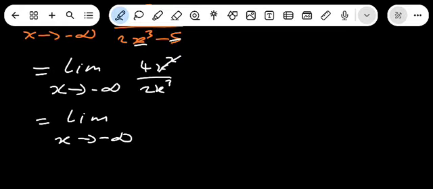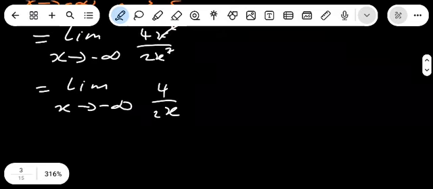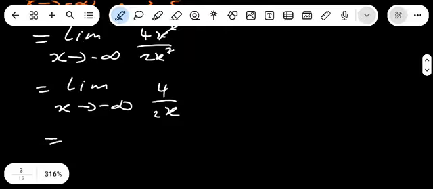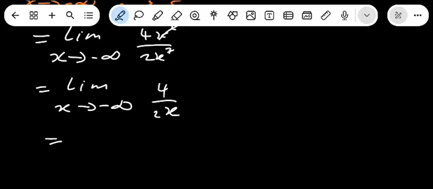We'll cancel x squared with the one there, and we're left with 4 over 2x. Plugging in negative infinity there, it is bottom heavy, so this will simply evaluate to 0. So our answer is 0.